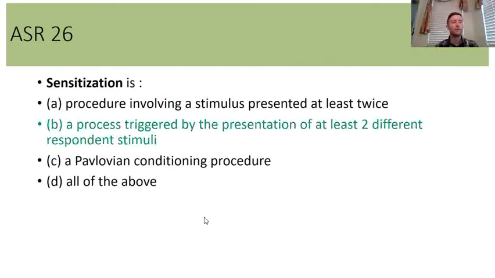Okay, I'll close the poll, and the answer is B. It's a process triggered by the presentation of at least two different respondent stimuli. Okay, A says a procedure involving a stimulus presented at least twice. Nah, it's two stimuli. You need two stimuli for it to be sensitization. Sensitization is not a conditioning procedure, it's a process. Pavlovian conditioning procedures were short delay, long delay, trace, simultaneous, and backward.